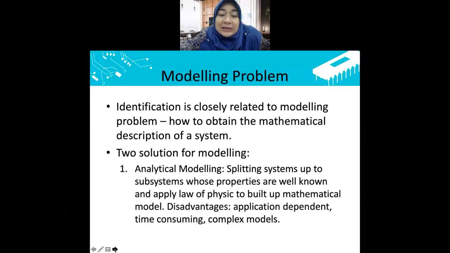One is analytical modeling. What happens with analytical modeling is we split the system into several subsystems, find out the mathematics behind each subsystem, and then join the system together to solve the overall problem. For example, an automotive system, a car. You cannot model the car as a whole.